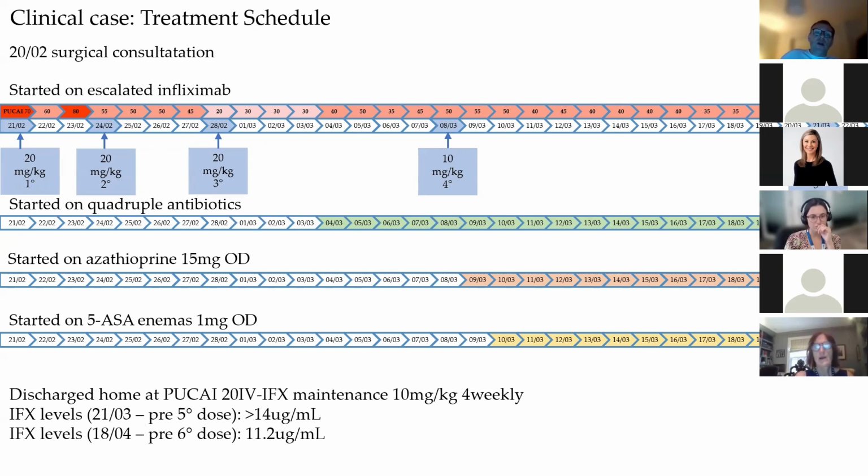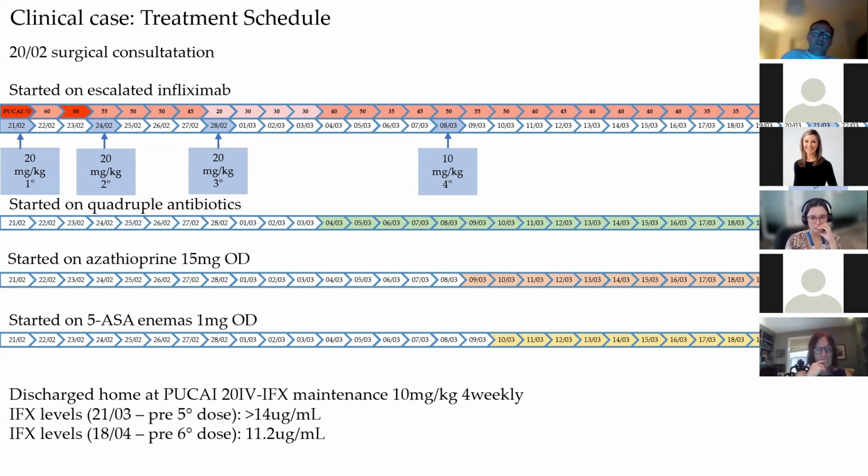And we were getting signs of clinical improvement, and on blood tests, particularly her albumin, because her CRP wasn't so raised, her albumin was a helpful marker of improvement. But as it started to dip, then we gave some more infliximab. So in the first month post-diagnosis, she received a total of 80 milligrams per kilogram of infliximab.